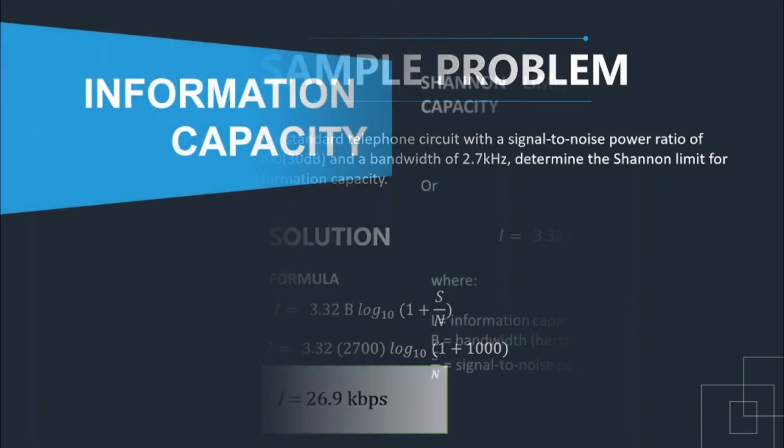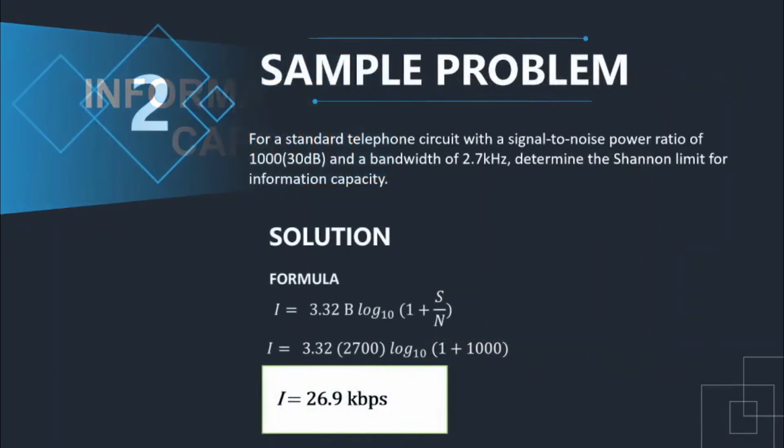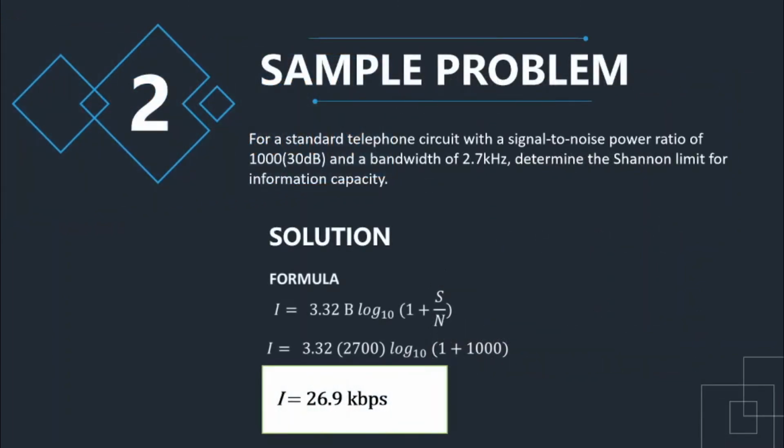Again, we have two formulas for the Shannon limit, but we're gonna use the second one. So, the information capacity will be equal to 3.32, the bandwidth log 1 plus the signal to noise ratio. So, if we substitute the values and we compute it, we will get the value of 26.9 kbps.